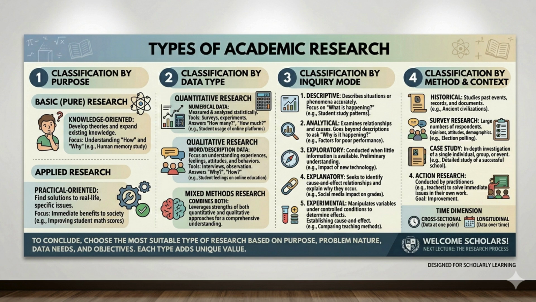Researchers also conduct case study research, which involves an in-depth investigation of a single individual, group, organization, institution, or event. For example, a researcher may conduct a detailed study of a particular school that has achieved exceptional academic success. Case studies provide rich and detailed information about specific situations.